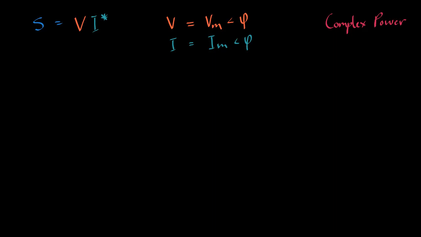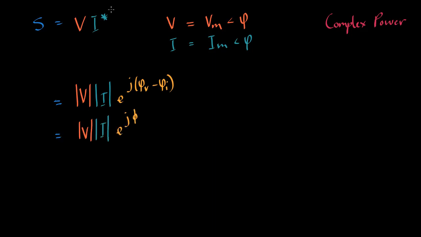This formula can also be expressed as, or alternatively, you may have noticed that we've multiplied by the complex conjugate of the current phasor. We do this in order to preserve the argument.